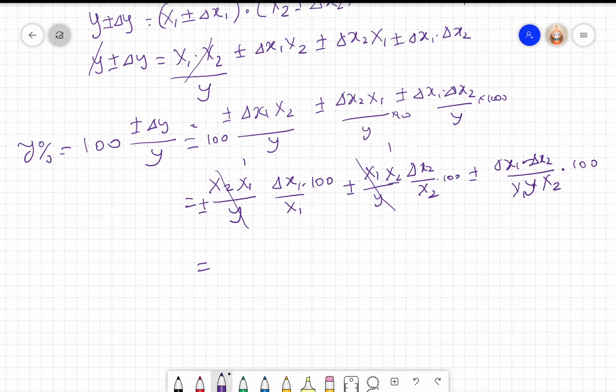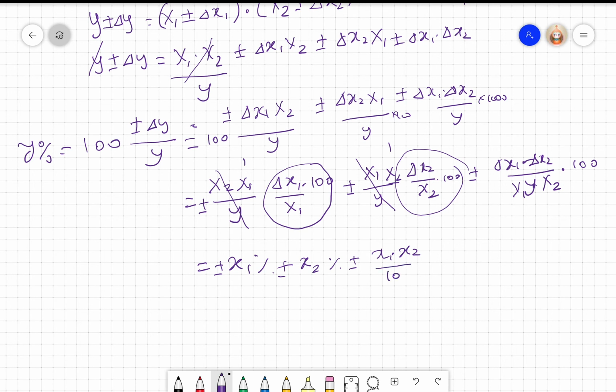So this is nothing but x1%, this is nothing but x2%, again I have to put plus or minus x2%, and this would be, if I look at this, plus or minus x1 dot x2 by 100%. x1 and x2 are errors, they will be small, so this can be neglected.